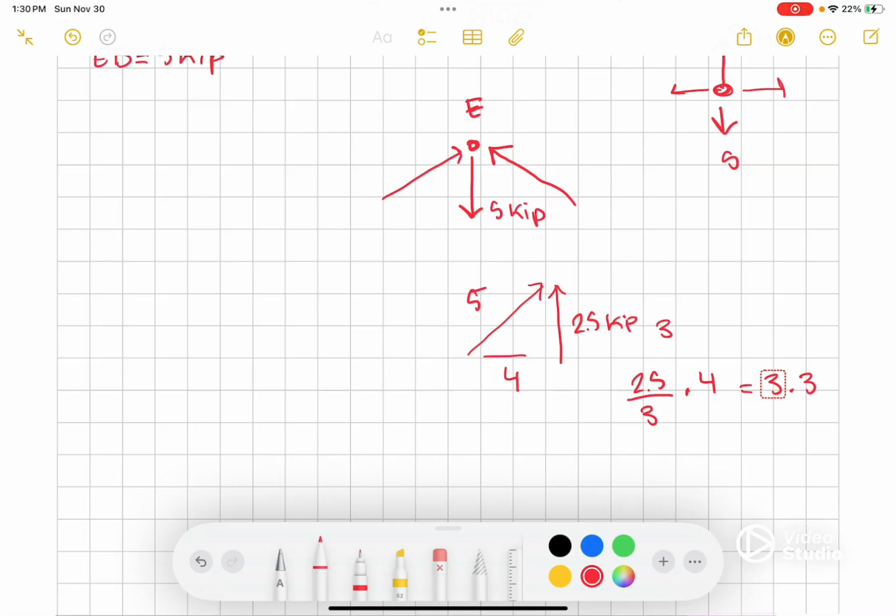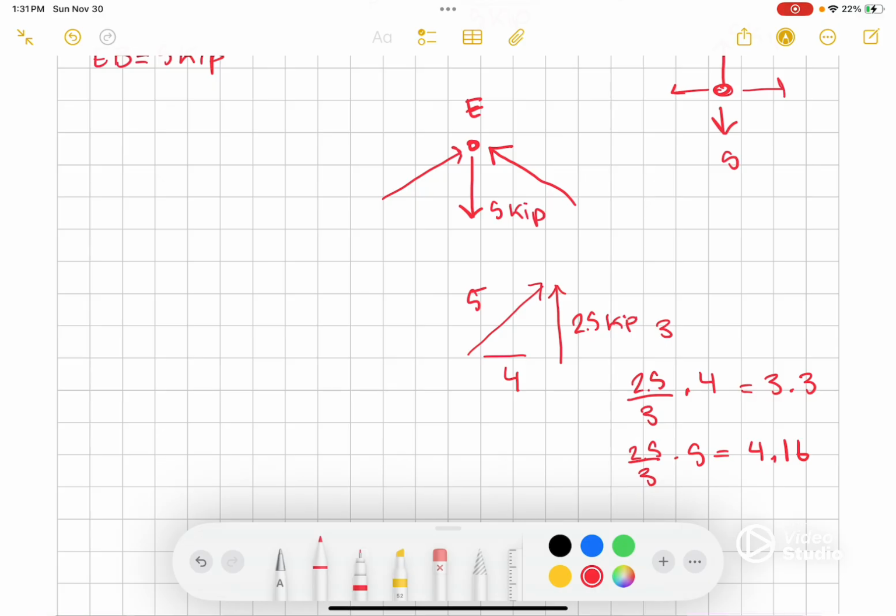Hopefully I can finish this before my Apple Pencil dies. And then our vertical one is going to be 2.5 divided by 3 times 5, which is going to equal 4.16.